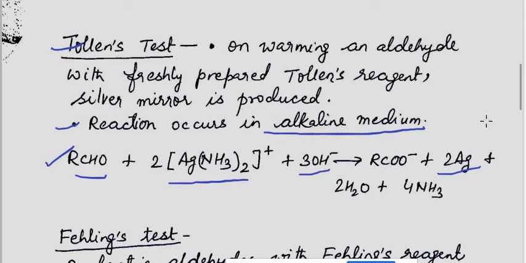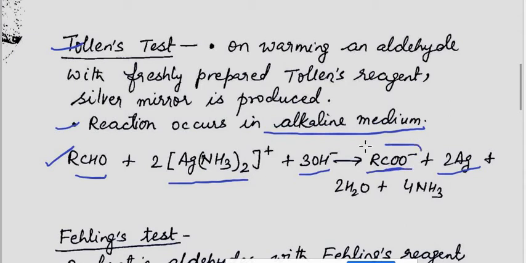NaOH is added to it, and as I told you a few minutes back, in alkaline medium the aldehyde is oxidized to the salt of carboxylic acid, and that is why it is written here as RCOO minus.